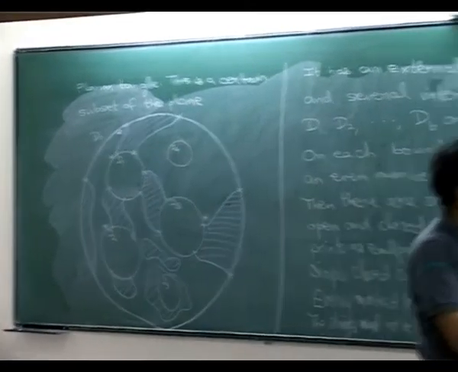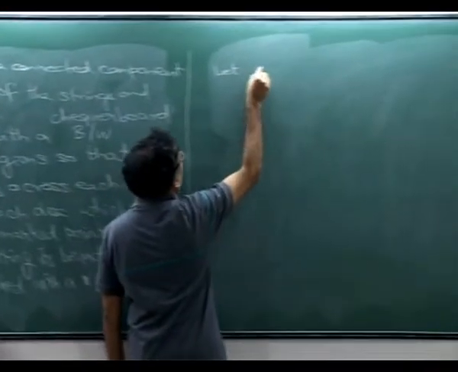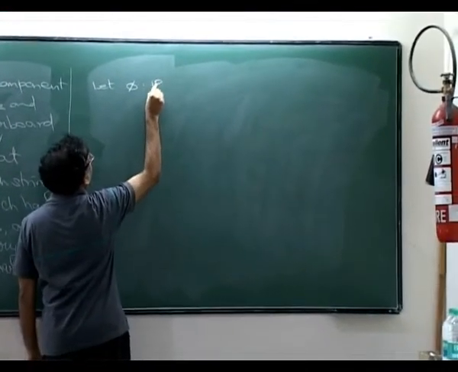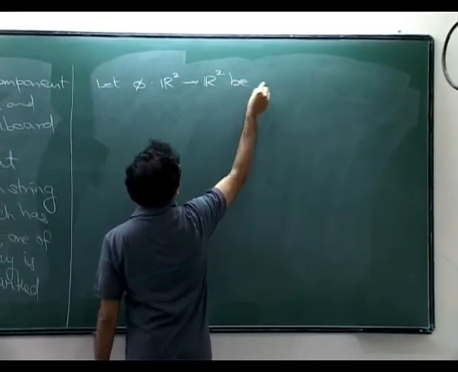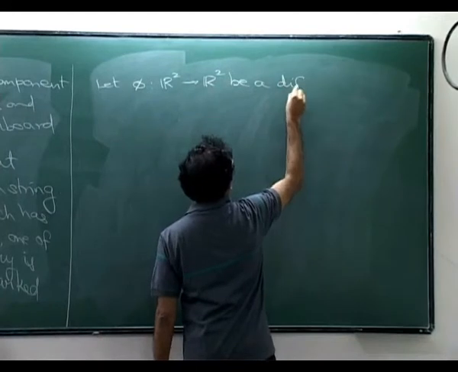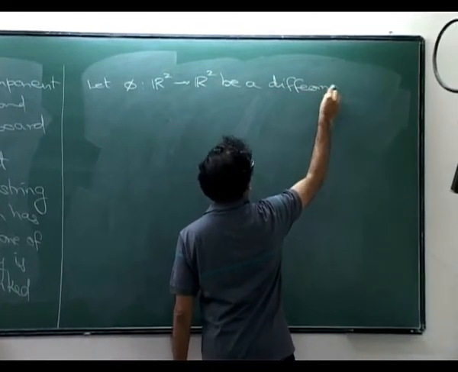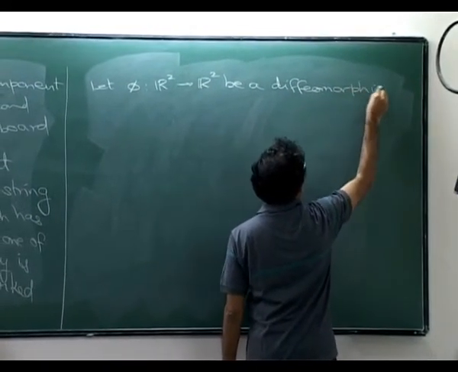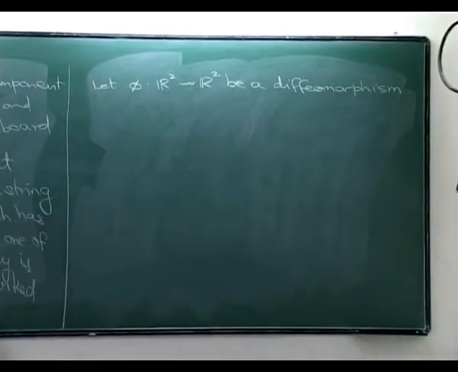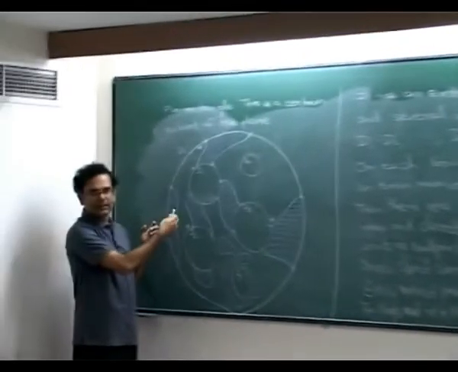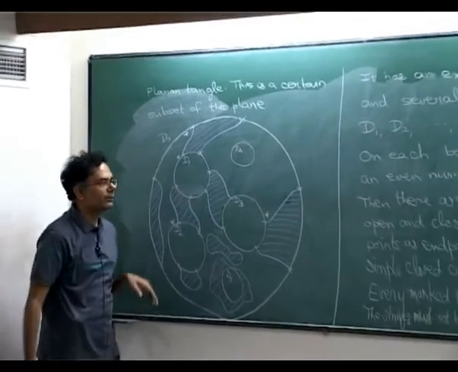So precisely how we say it: let phi from R2 to R2 be a diffeomorphism. Now the way I have defined it, this tangle is a subset of R2. It's a subset with a lot of other properties, right? It has some data carried along with that subset.